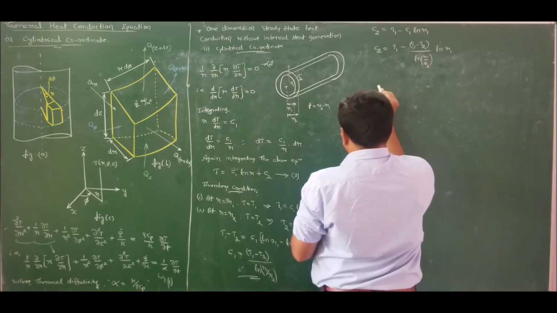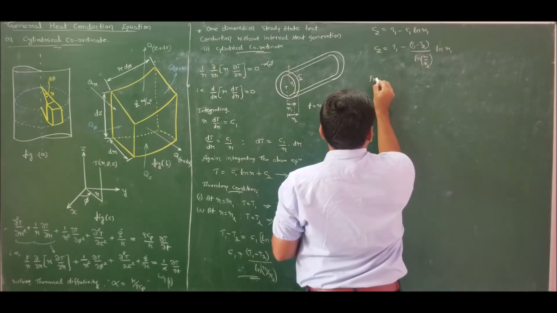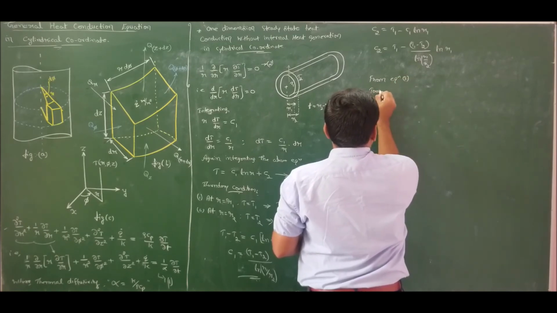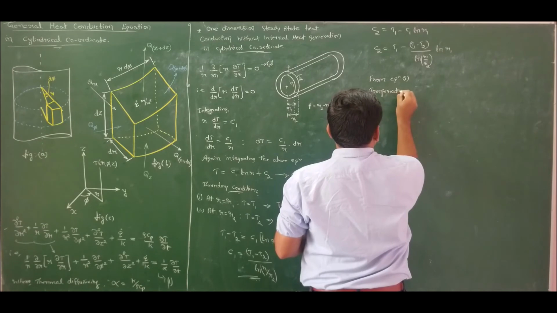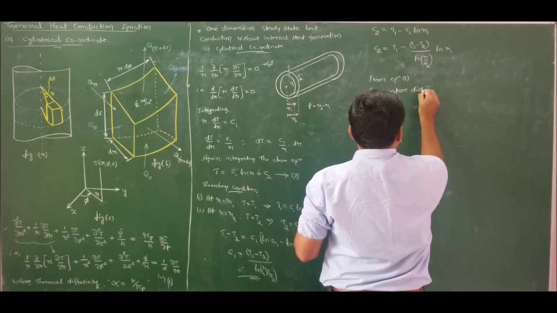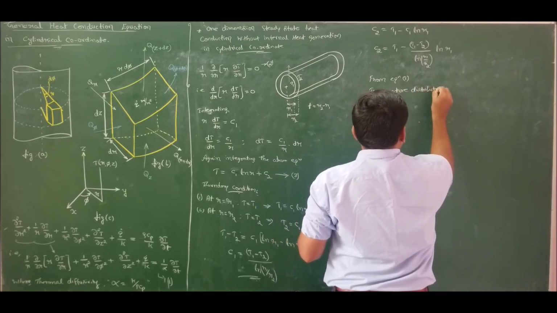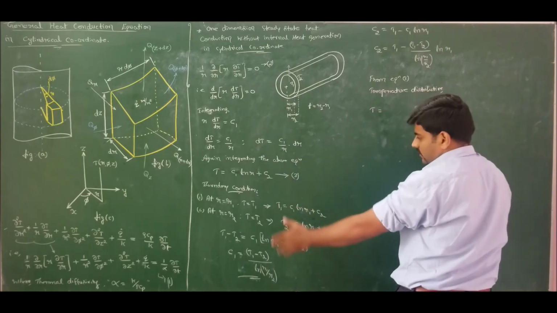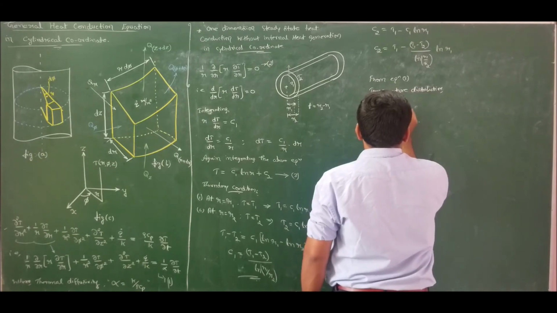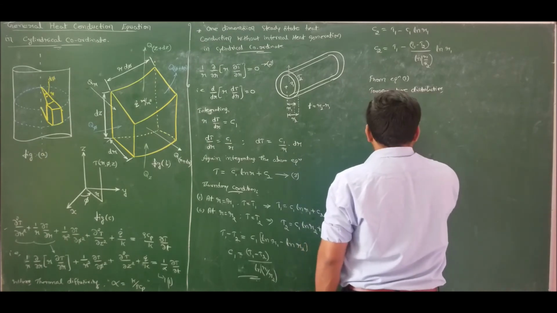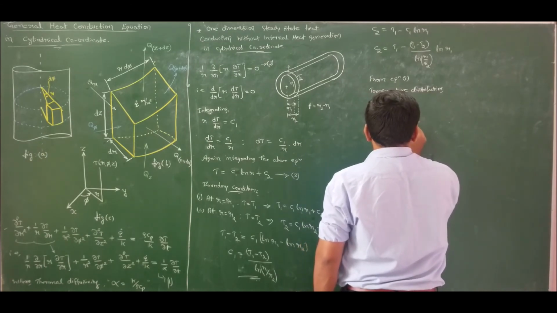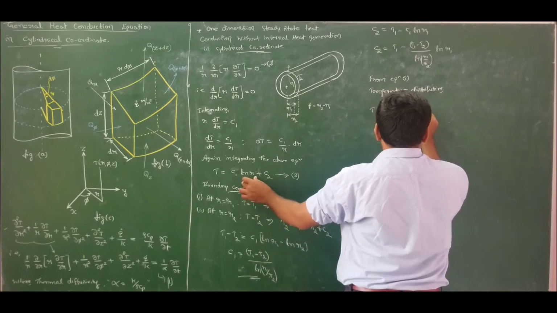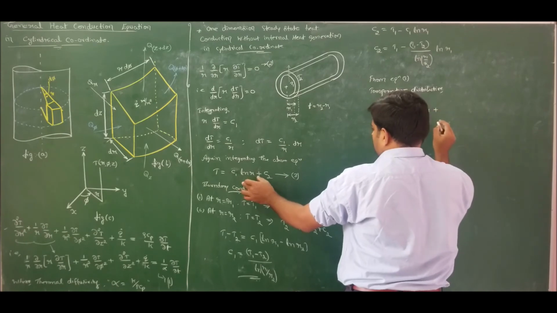So hence from equation 3, the temperature distribution will be T is equal to C1, C1 is T1 minus T2 by ln of R1 by R2 into ln R plus C2.